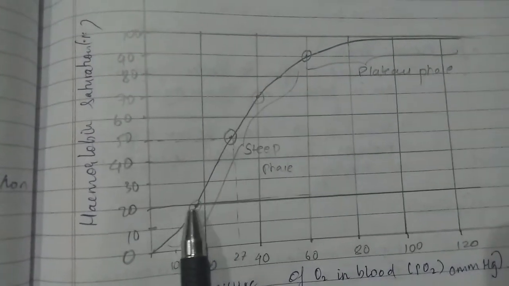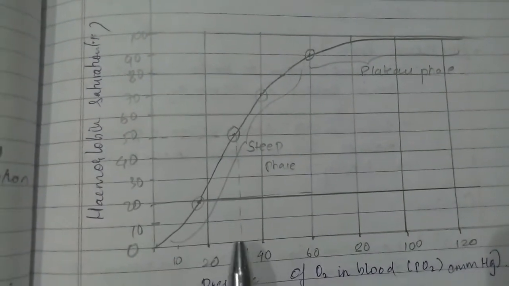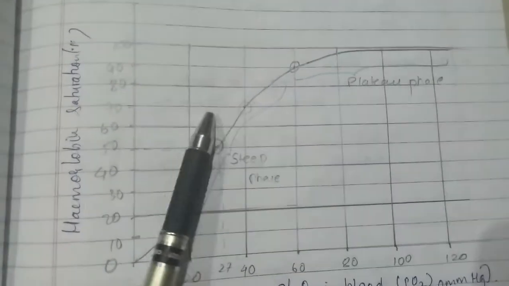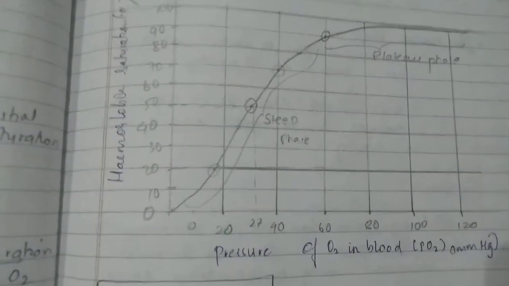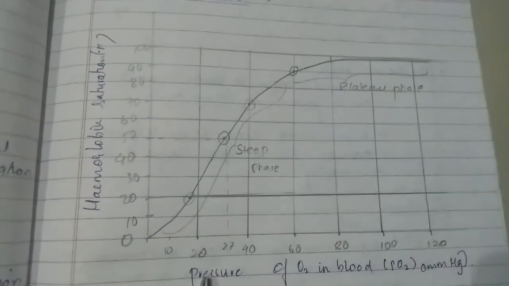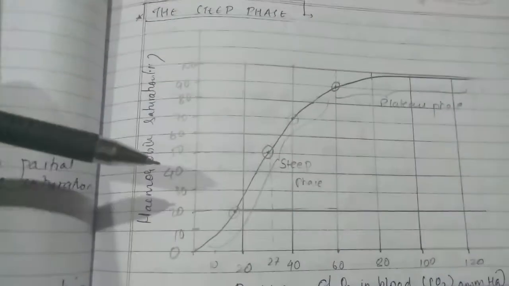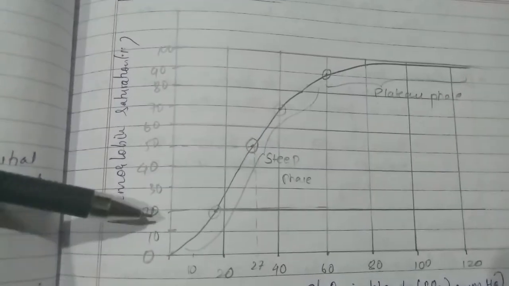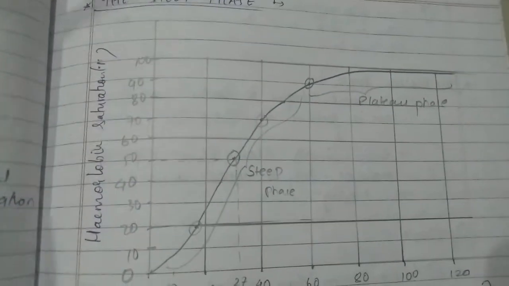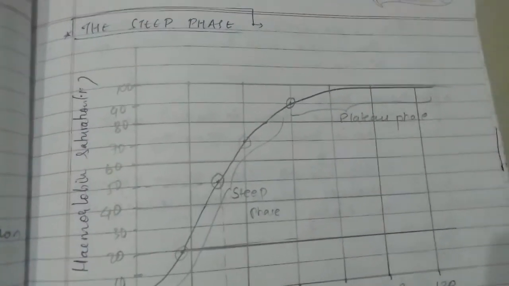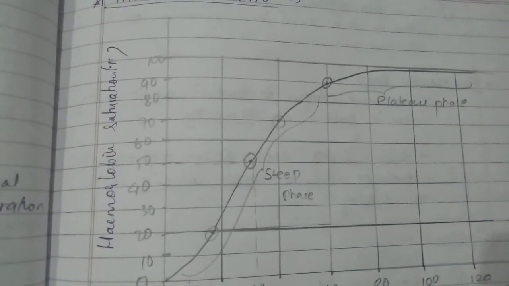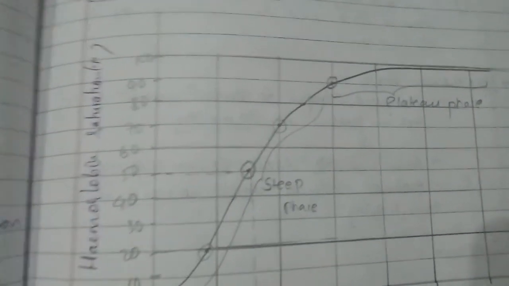At 20 the saturation is almost 20, and at 40 it is 70. So I've changed the partial pressure from 20 to 40, but the hemoglobin saturation changes from 20 to 70. You can see how vast a difference it creates in the percentage hemoglobin saturation. That's why it is called steep phase, right?